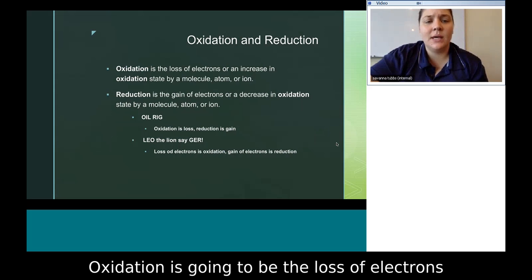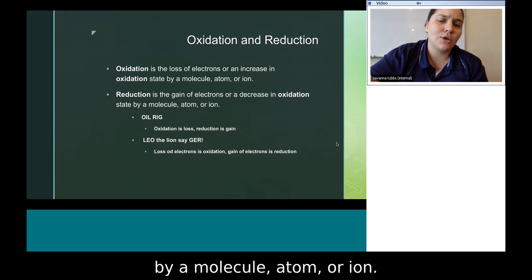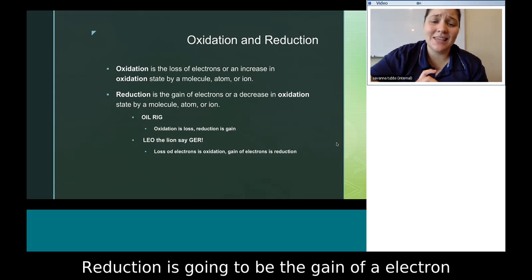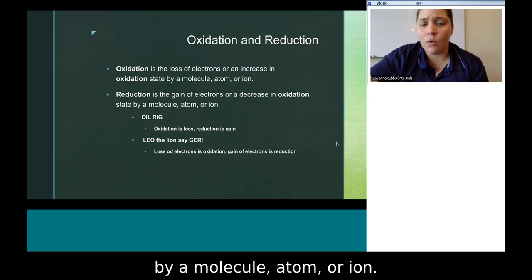Oxidation is going to be the loss of electrons or an increase in oxidation state by a molecule, atom, or ion. Reduction is going to be the gain of electrons or the decrease in oxidation state by a molecule, atom, or ion.